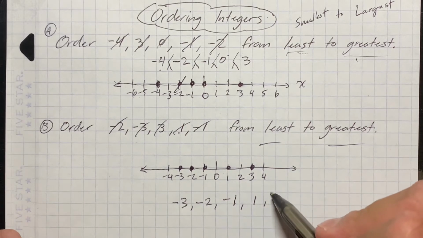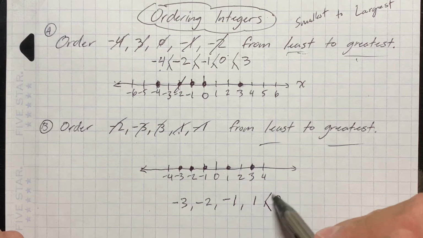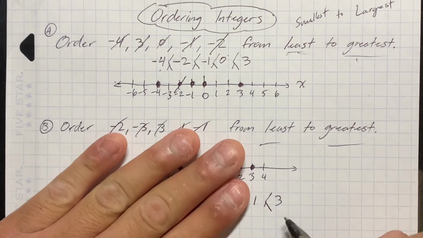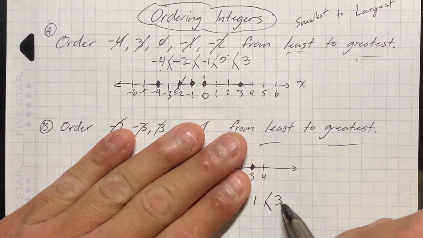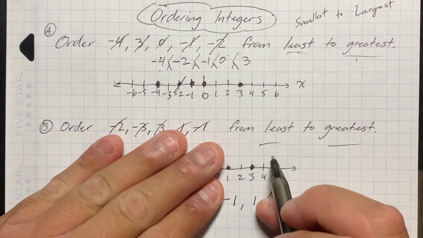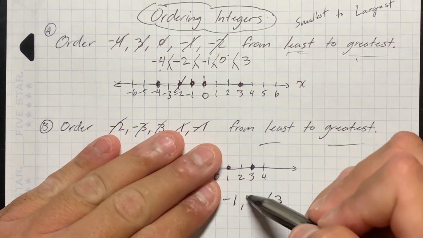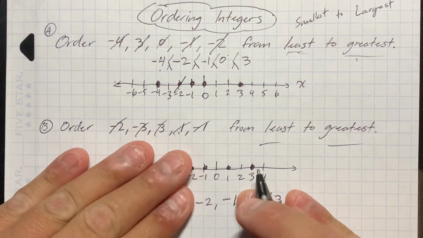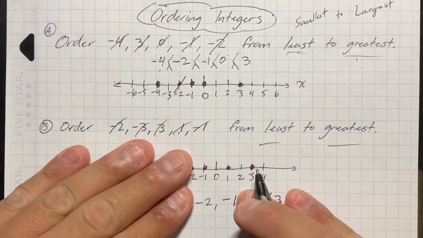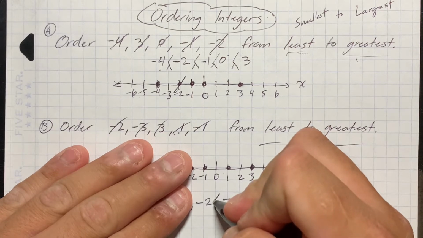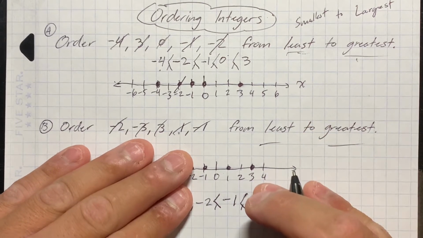Again, the mouths here of that coyote open up to the bigger number. So if we compare, 3 is greater than 1. If we compare, 1 is greater than -1. If we compare -2 and -1, -1 would be greater than -2 because it's an integer that's to the right side on a number line.